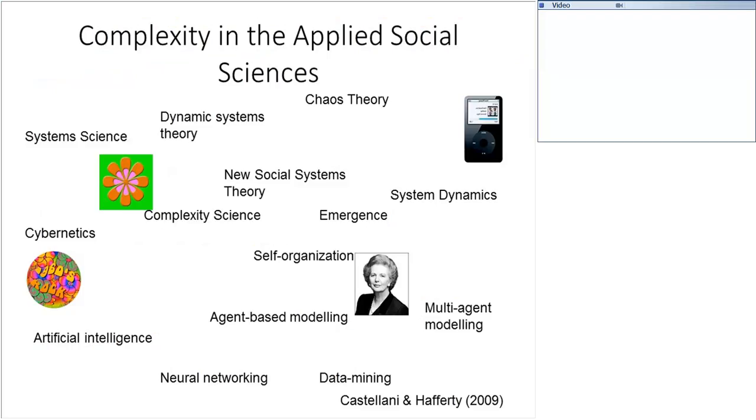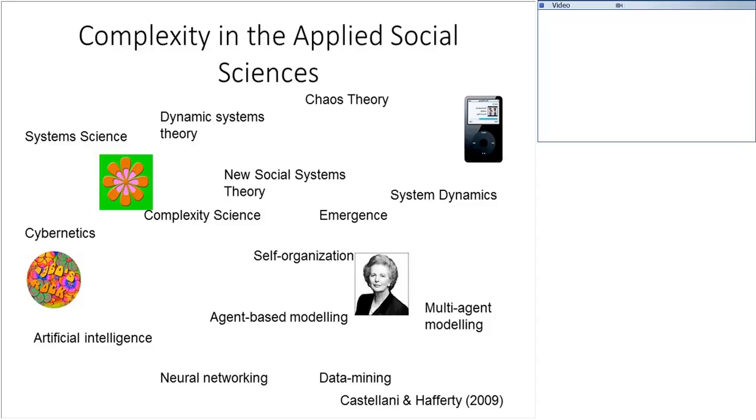That's because the origin of the term complexity in the applied social sciences goes all the way back to the 1960s. And whilst complexity thinking may seem new to us today in qualitative and quantitative research, it's actually 50 or 60 years old. It has its roots in cybernetics and systems science and artificial intelligence in the 60s.